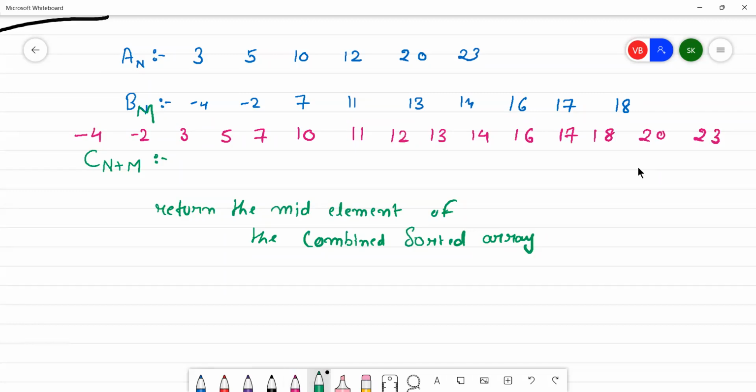Now, if you can see, the indexes are in this manner. If you try to find the middle element of this, what will you get? This one? Yes. Hence, you have to return this particular number as your answer. I hope now the problem is clear to everyone.